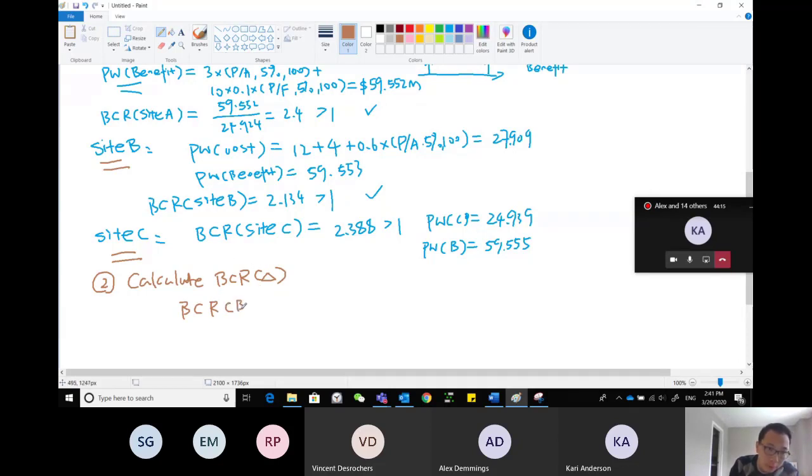So we'll take BCR B minus A, so that will be 59.553 minus 59.552, I think, divided by 27.909 minus 24.